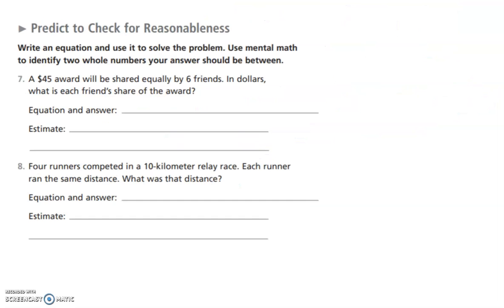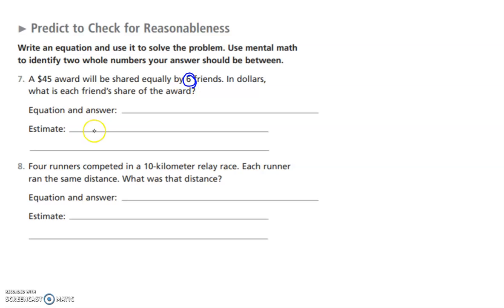All right, let's look at one more problem. And this one actually wants you to predict first. So let's read the problem. It says a $45 award will be shared equally by 6 friends. In dollars, what is each friend's share of the award? Well, here's what you can consider before you start. If you have 6 friends that are going to be sharing $45, think about how close you can get to 45.